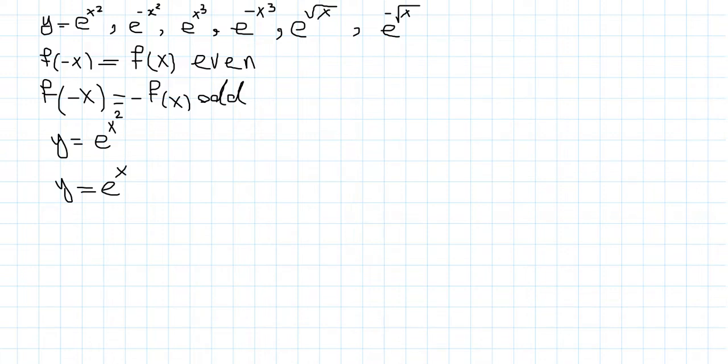At first, let's check if it is even or odd, because if you make f of minus x, it will be e to the power of minus x squared. Exactly, it is e to the power of x squared. So it is even.